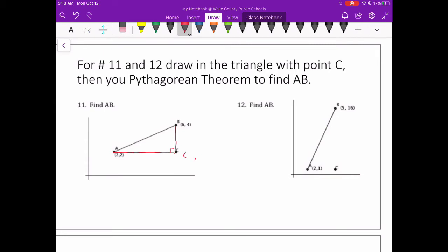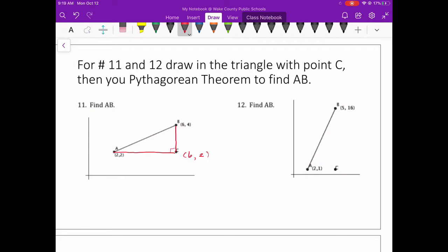I know that the y value is going to be the same as A, so that's going to be a 2. Now it's in a vertical line with B, so it should have the same x value. So it should be 6. Okay, so the coordinates of C are (6, 2).